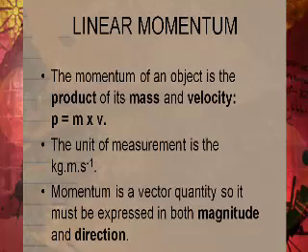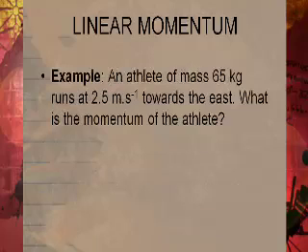And we also need to know that momentum is a vector quantity, so it must be expressed in both magnitude and direction. Okay, example here, let's have a look at it quickly. An athlete of mass 65 kilograms runs at 2.5 meters per second towards the east. What is the momentum of the athlete?